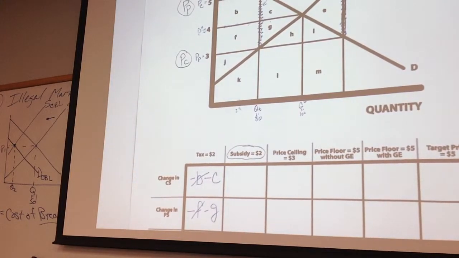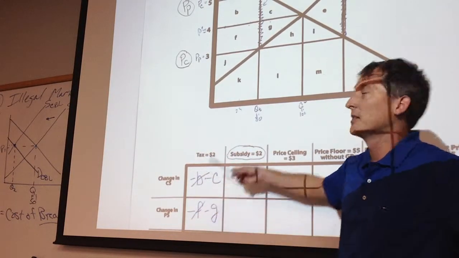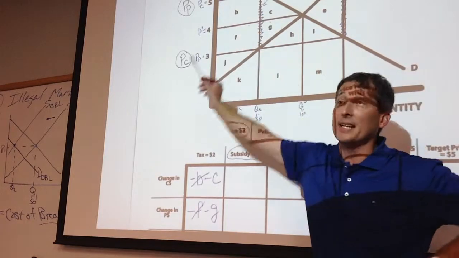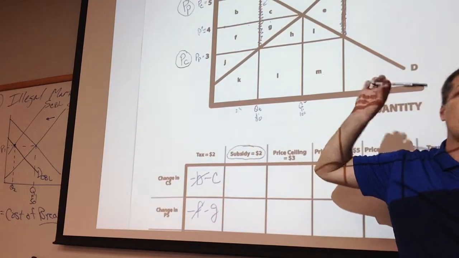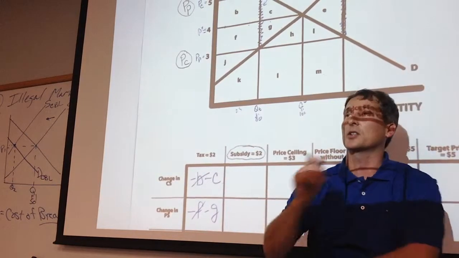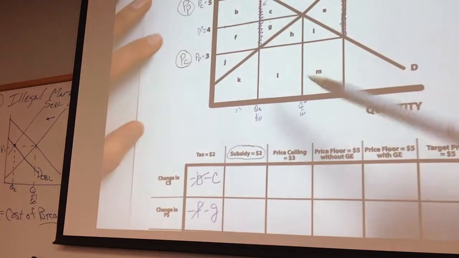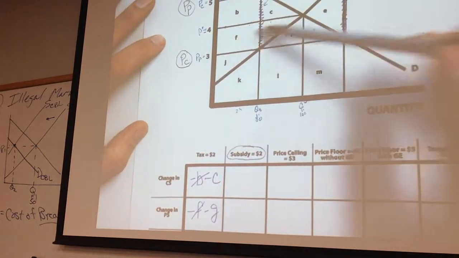What is the change in consumer surplus? By the way, we started from a free market, not from the tax situation. So free market was ABC for the consumer. Now we're going to impose a subsidy of $2. What is the change in consumer surplus? ABC plus FG? So you want to add FG?